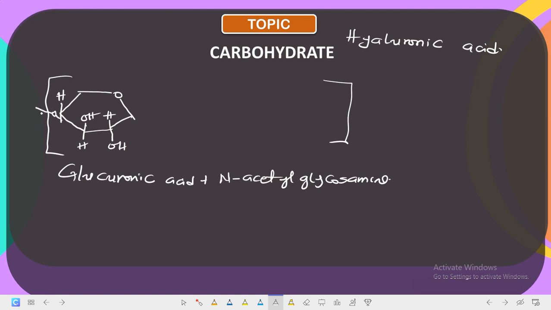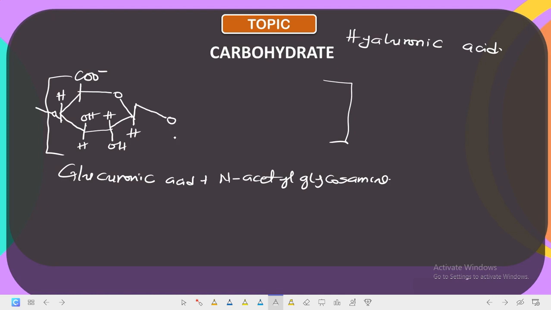This oxygen is what is linked, because these are repeating units. So you put this outside to show that this continues like that. Now, this is like the structure of glucose. What is the difference? This alcohol here has been oxidized to give us acid. So you have glucuronic acid, and then you now have your hydrogen. So this is beta-D-glucose, or beta-D-glucuronic acid.